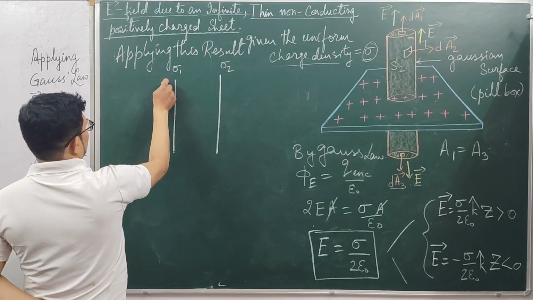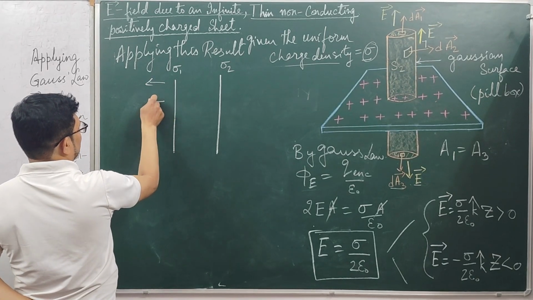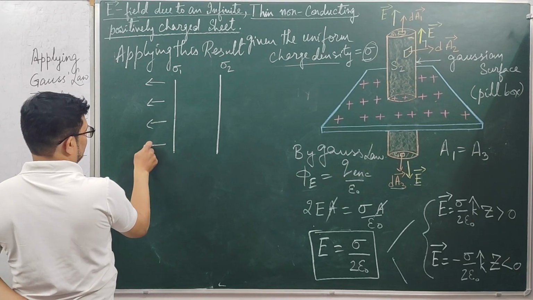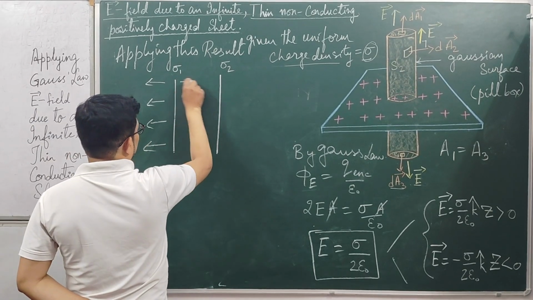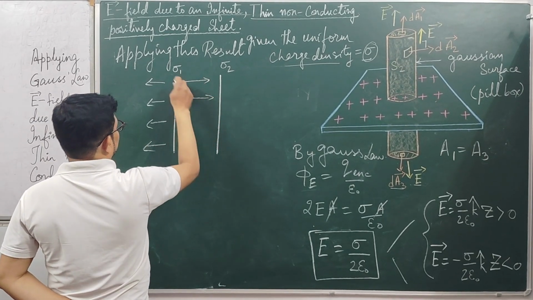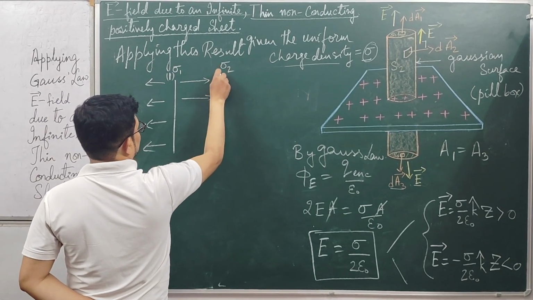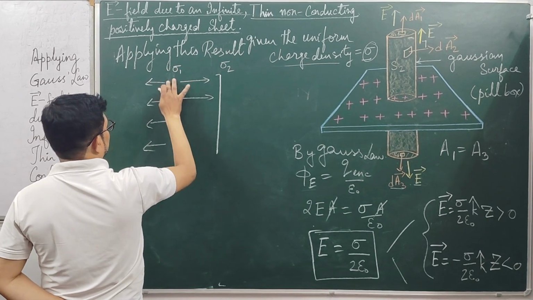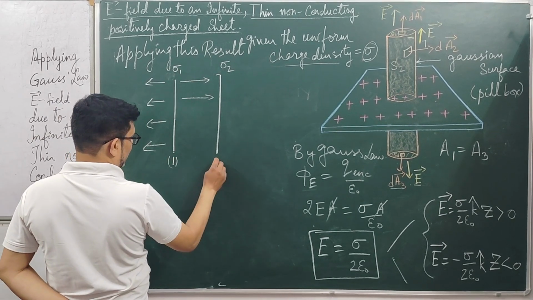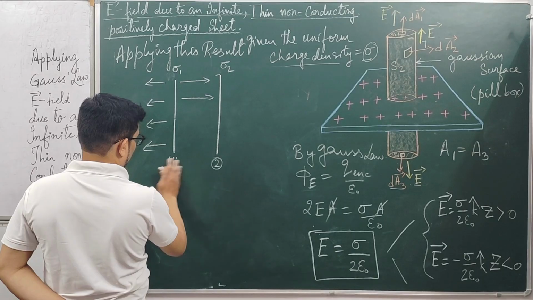If you take this direction, both are positive, so it's going to be outward, and here it's going to be outward. Let us take this sheet as sheet number 1 and this as sheet number 2.